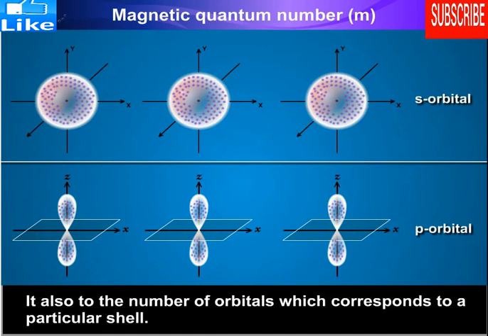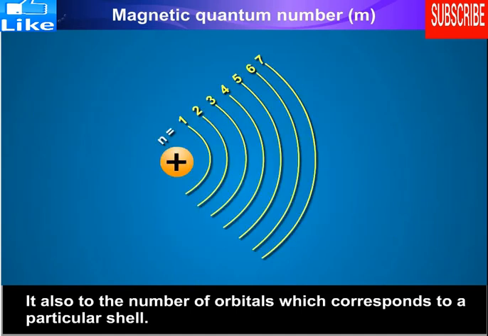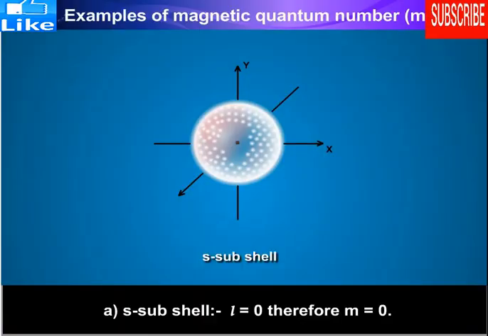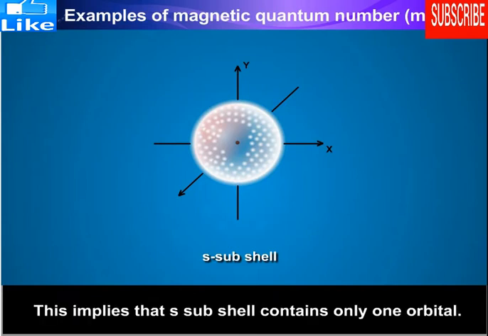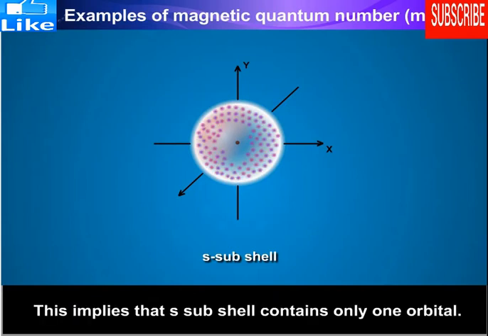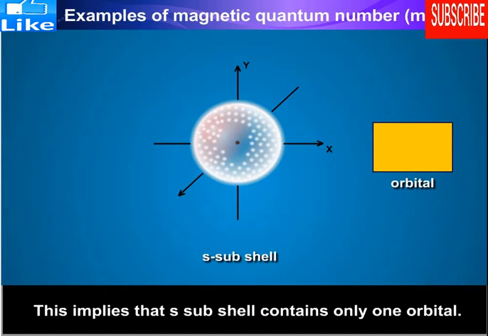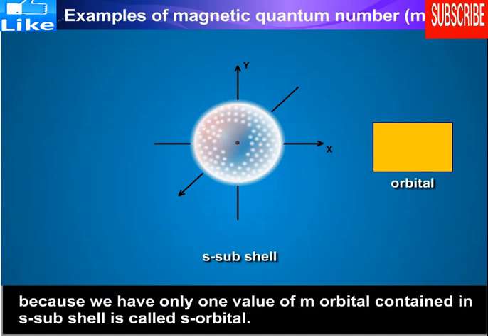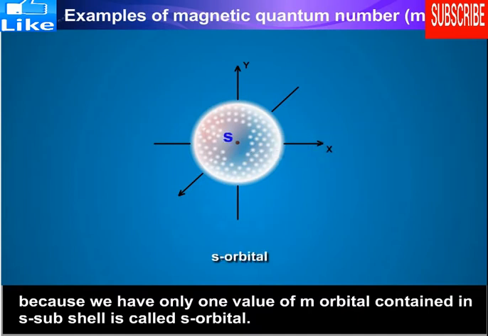It also tells the number of orbitals which correspond to a particular subshell. For example, s subshell, l is equal to 0, therefore, m is equal to 0. This implies that s subshell contains only one orbital. Because we have only one value of m, the orbital contained in s subshell is called s-orbital.